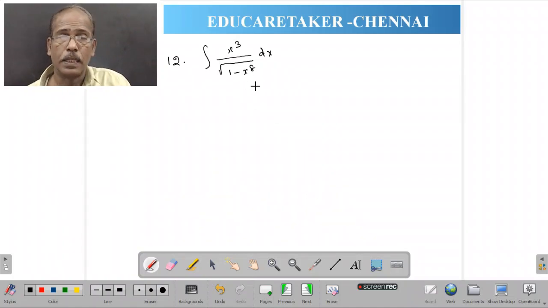Then what is the connectivity between x cube and x power 8 that we need? Otherwise, an integral of this type is a little difficult. How do we connect x power 3 and x power 8?